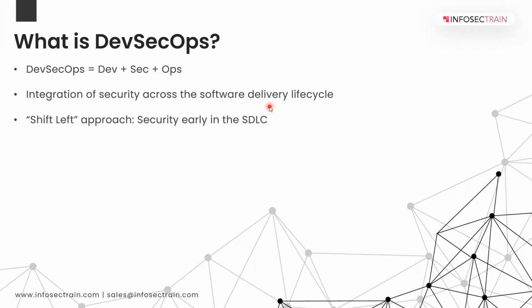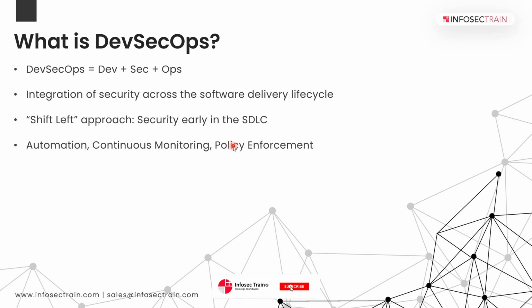We are integrating the security early in the SDLC lifecycle, and then we are having automation, continuous monitoring, and policy enforcement. These are all the things we do in this particular step, as DevSecOps.